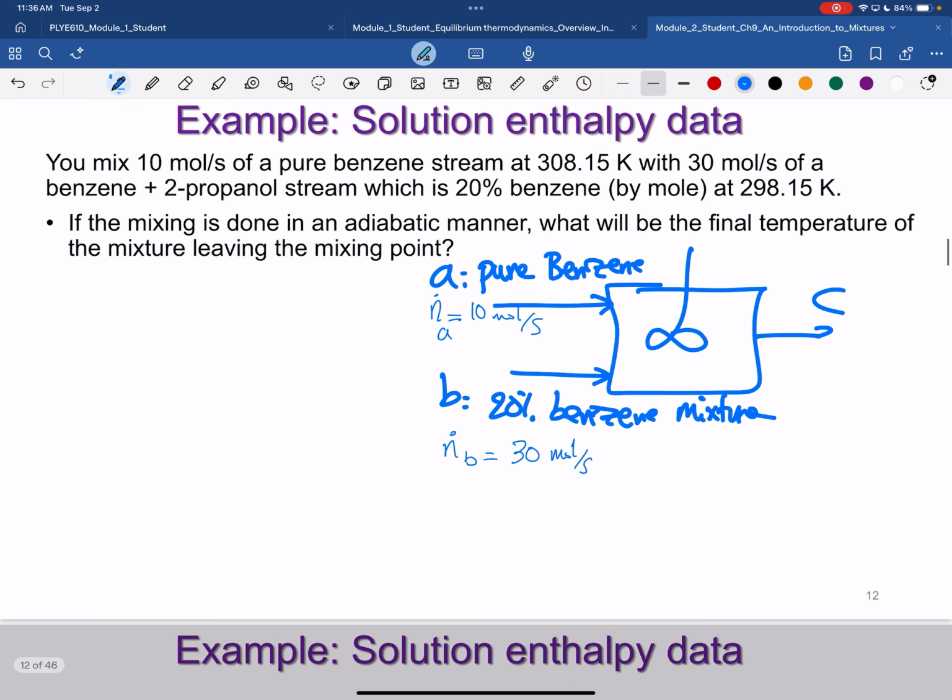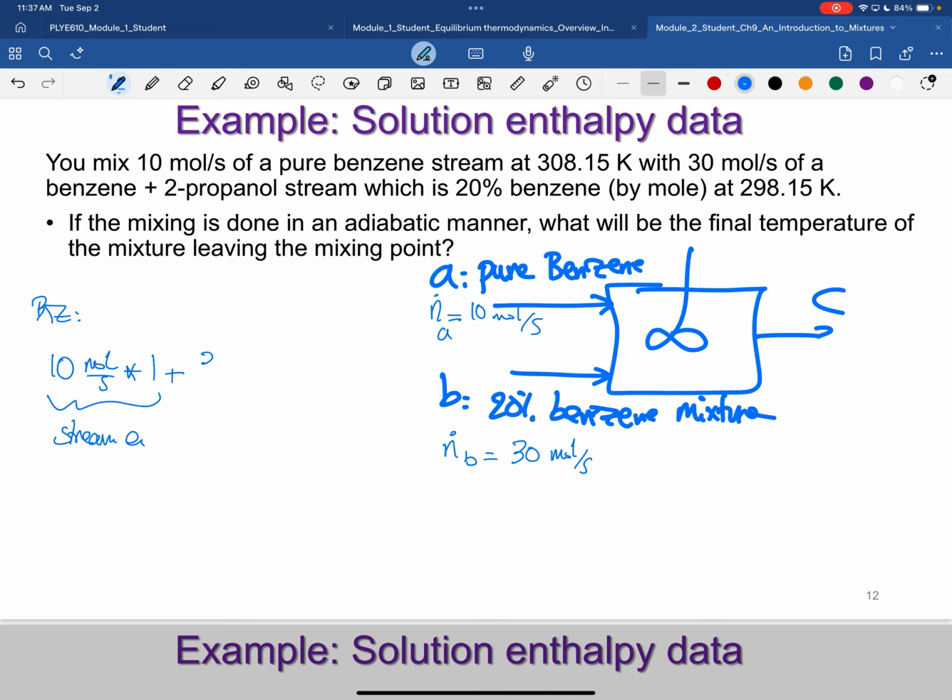So I will write the mass balance here for benzene. I have 10 mole coming in. It's pure, so the mole fraction is 1, from stream A. Then what?